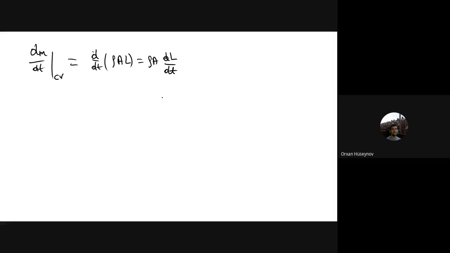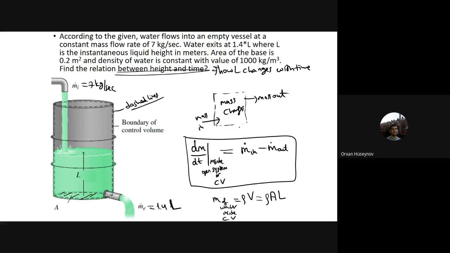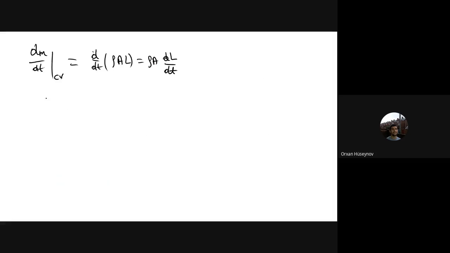This will be equal to m dot in minus m dot out. Let's write that equation: rho A dL by dt will be equal to m dot in minus m dot out.